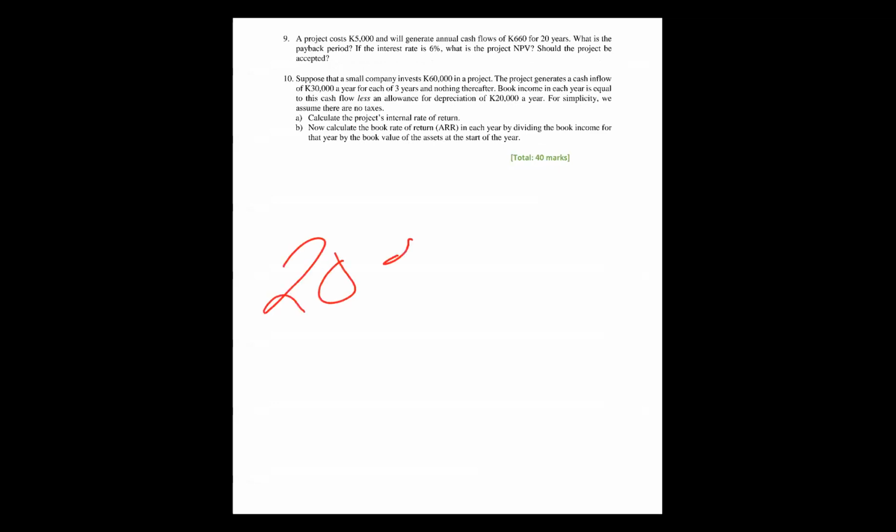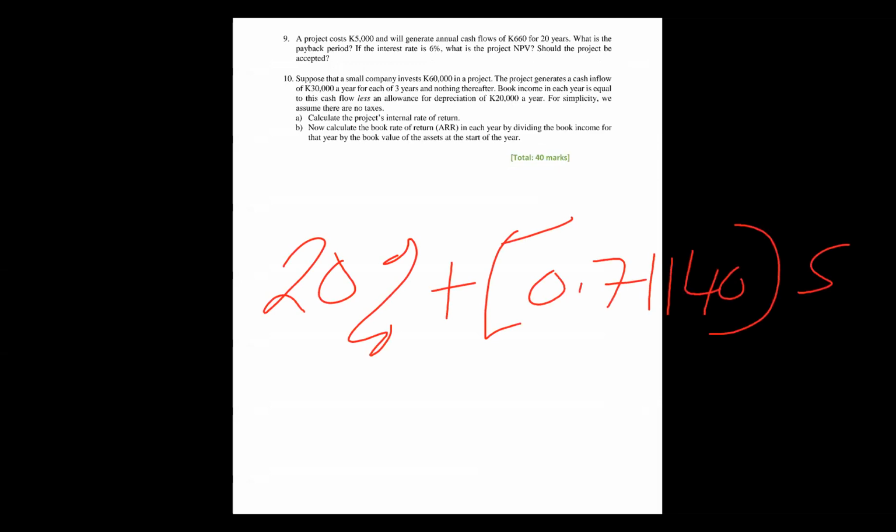Right. Where is it now? I've lost it. Everything has been lost. Okay, you have it. So you had 20% plus in between here is 0.71140 times the 5% here.